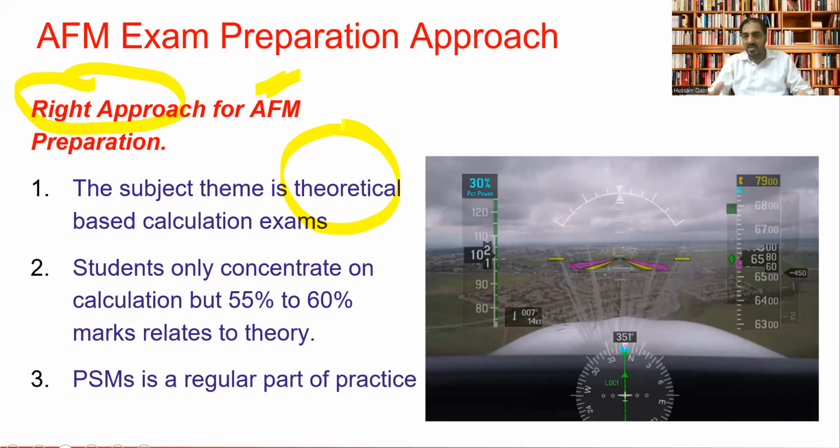It's not only about calculation. The base is theory. If someone asks how much theory and how much calculation, consider that 60 to 65% of the paper is theory and 30 to 35% is calculation. Simple as that.